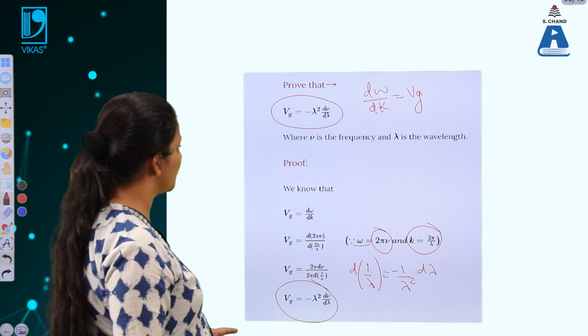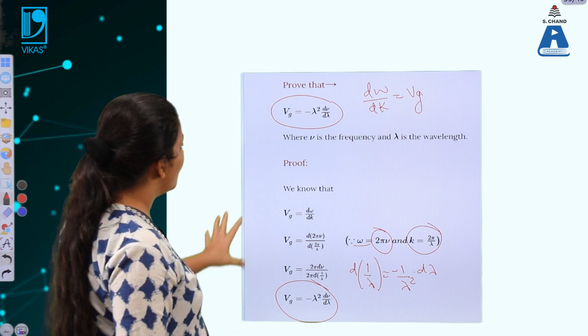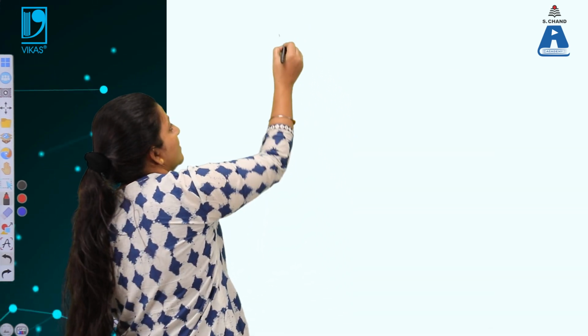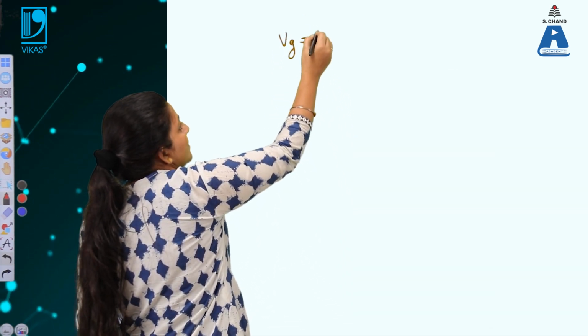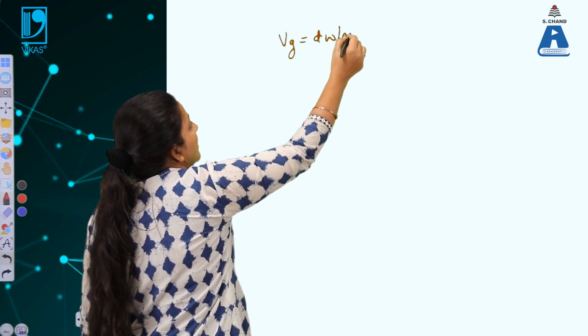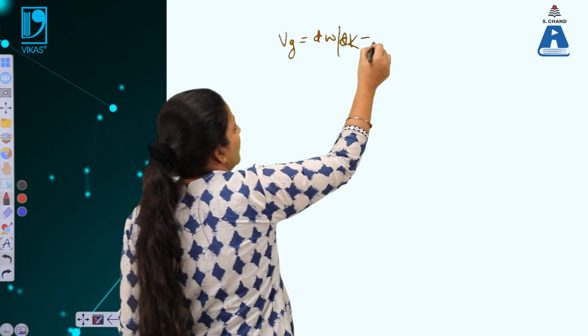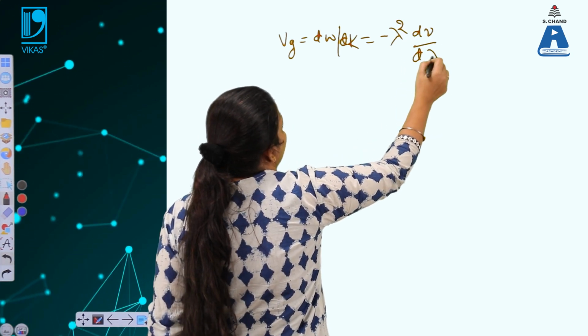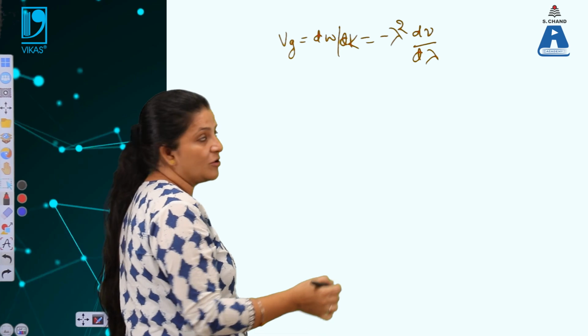So this is the expression for group velocity. Group velocity can be represented as d omega by dk, or equivalently minus lambda square d nu by d lambda. This is the expression for group velocity.